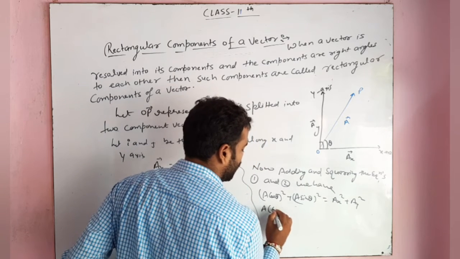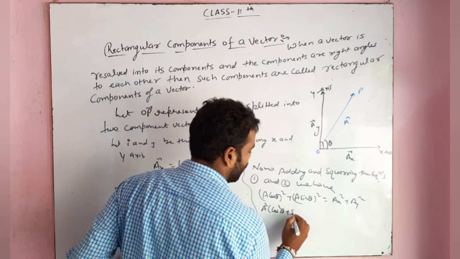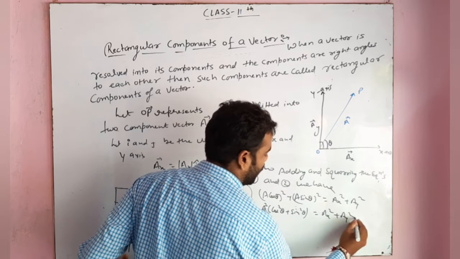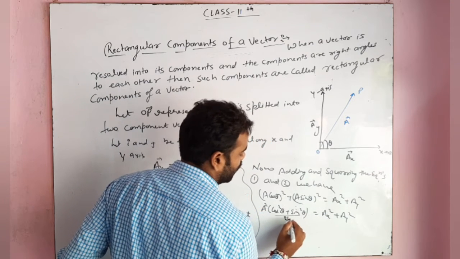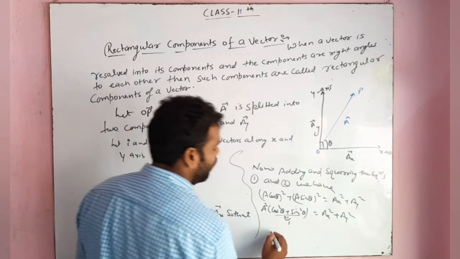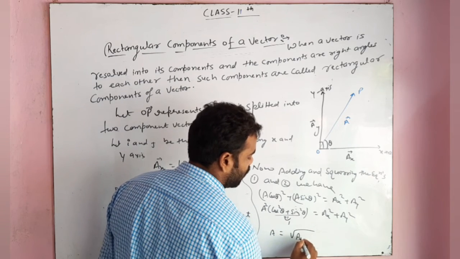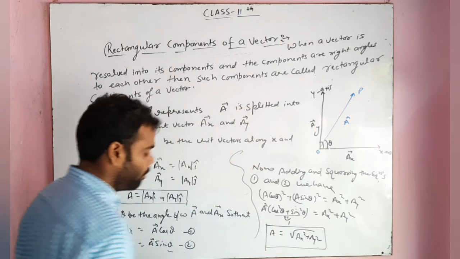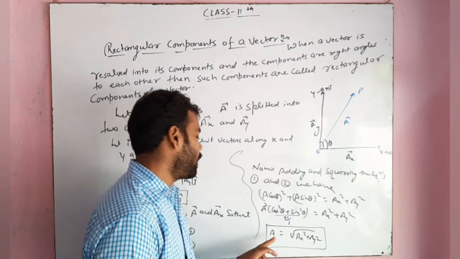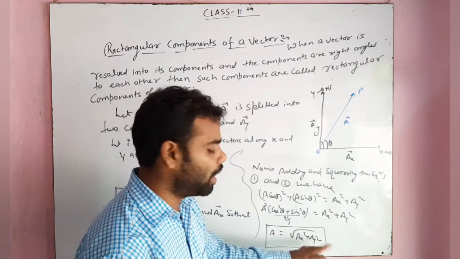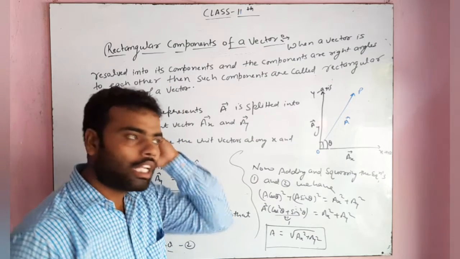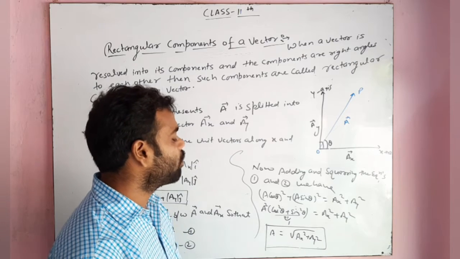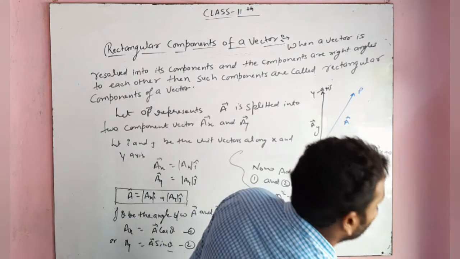Or we know that A square into cos square theta plus sin square theta is equal to Ax square plus Ay square, and the value of cos square theta plus sin square theta is equal to 1. So A can be written as under root Ax square plus Ay square, clear, which is the resultant of the vector A. So for the xy plane, A is given by under root Ax square plus Ay square. Take a screenshot of this.